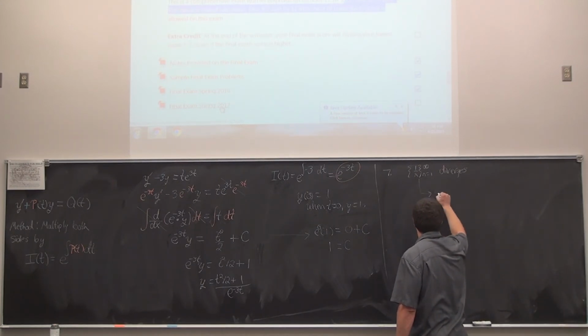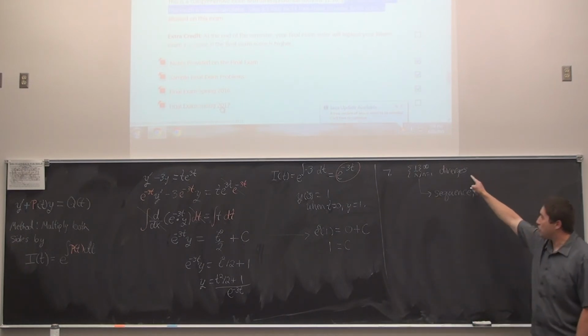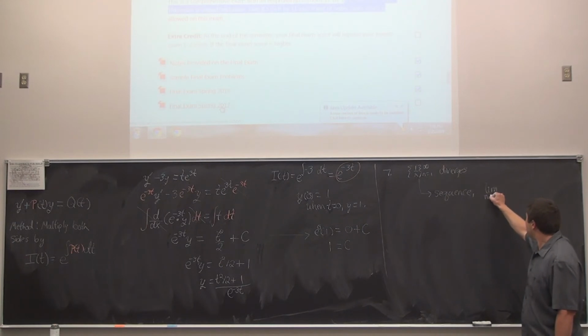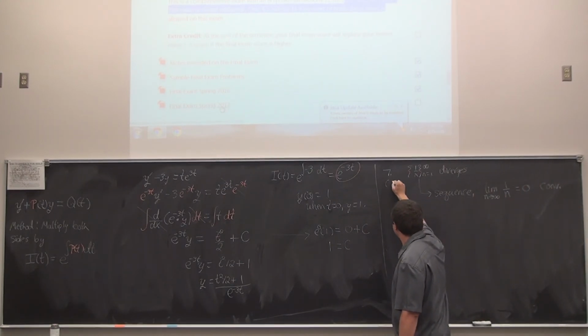So because this is a sequence, that means we determine convergence or divergence by a limit, and that's it. We take the limit as n goes to infinity of 1 over n, which is 0, and that implies convergence. So this would be, I think this is part A, false.